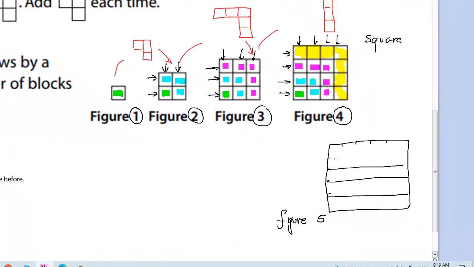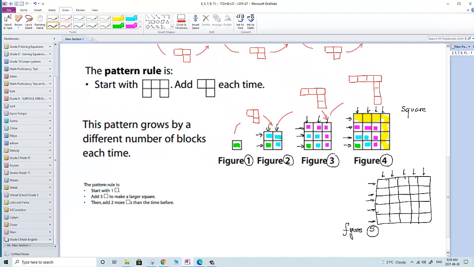So I have 5 rows and 5 columns. That means I am following the number of the figure. If it's 5, 5 rows, 5 columns. If it's figure 6, 6 rows, 6 columns.